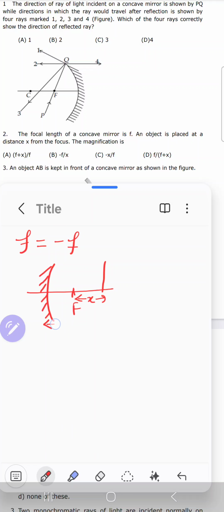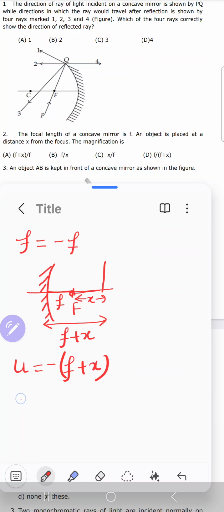So the total object distance from the pole would become, this distance is small f, that is the focal length, and from here this distance is x. So the distance of the object from the pole would become f plus x. So we can write the object distance as f plus x with the negative sign as per sign conventions.